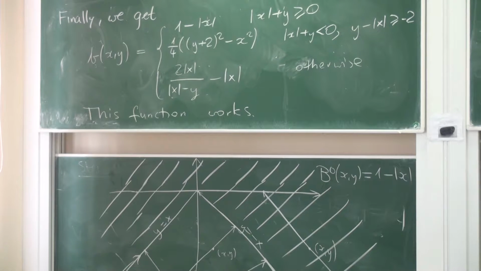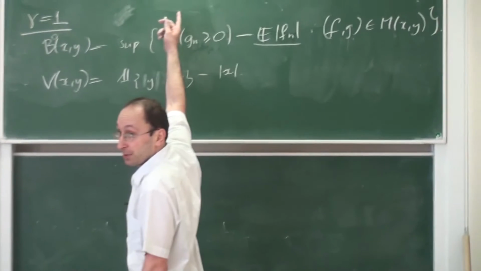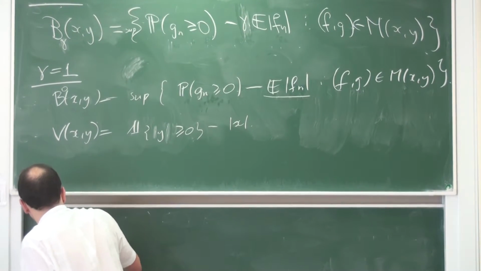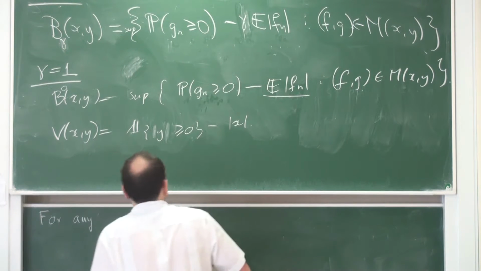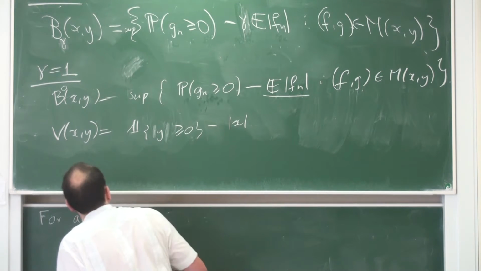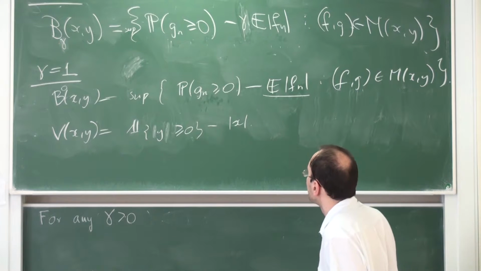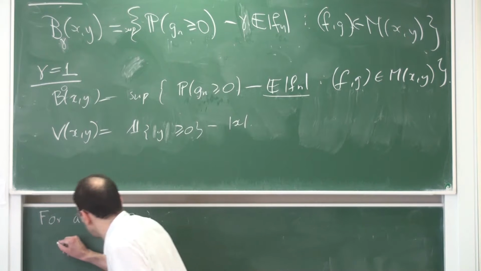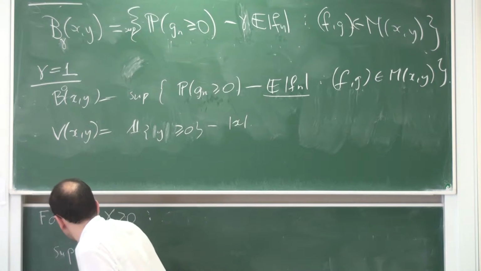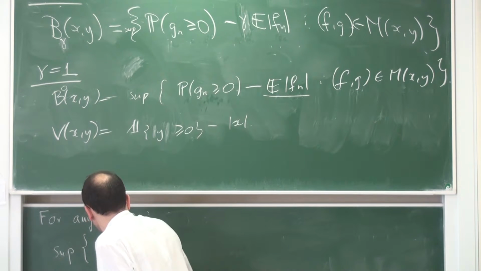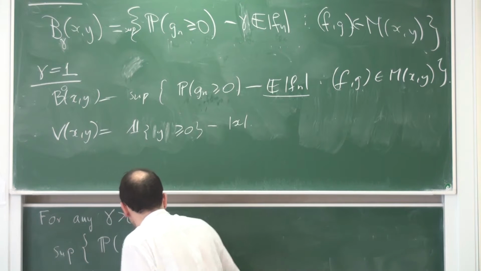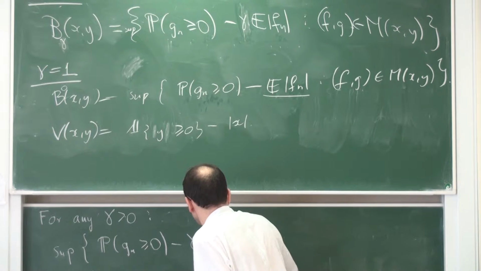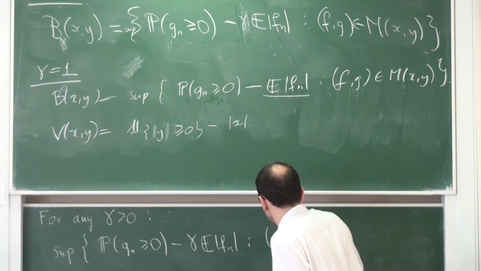So now, what do we do then? We use this homogeneity property. If you have any gamma larger than 0, then we write the supremum of the probability minus gamma expectation of Fn, Fg.